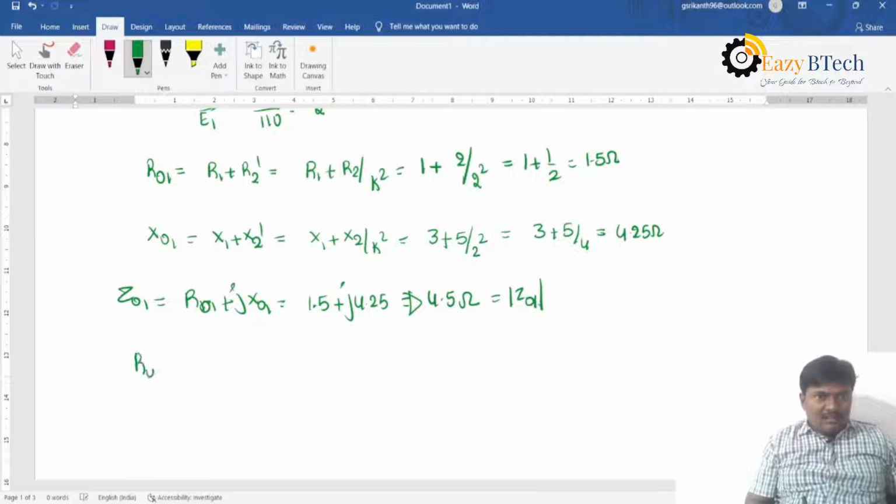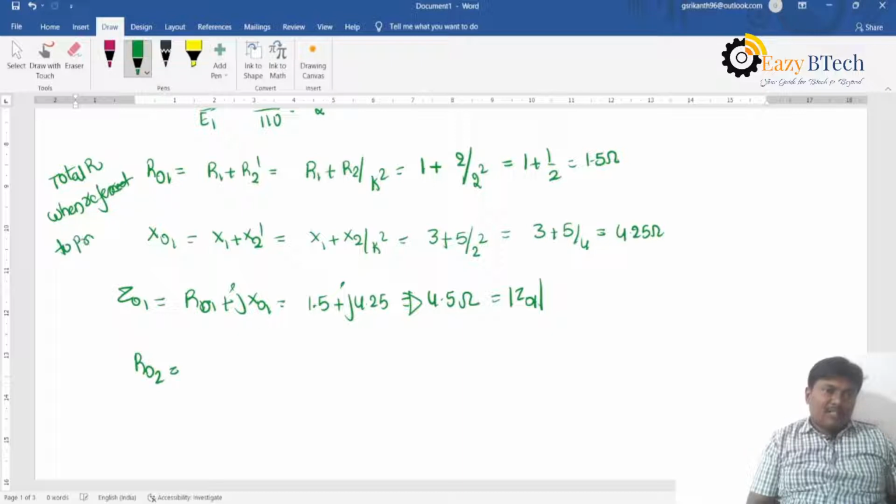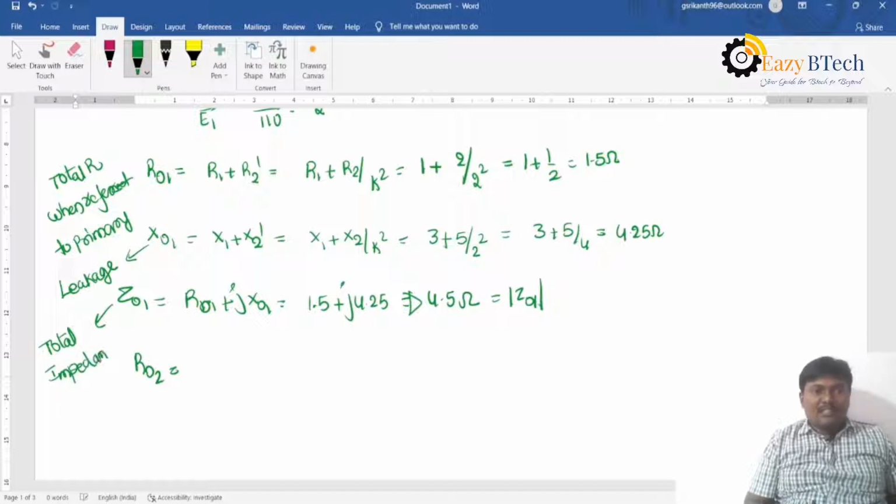And R01 is this total resistance when referred to primary. This is the total leakage reactance when referred to primary. This is the total impedance when referred to primary.